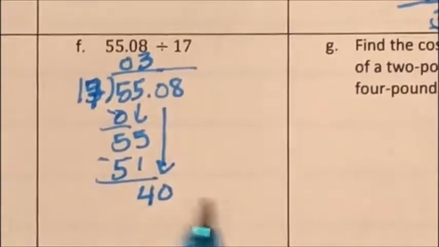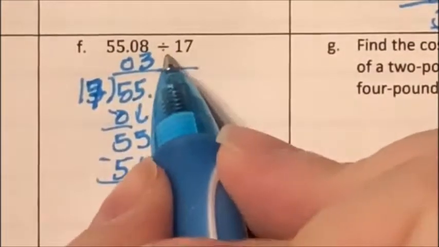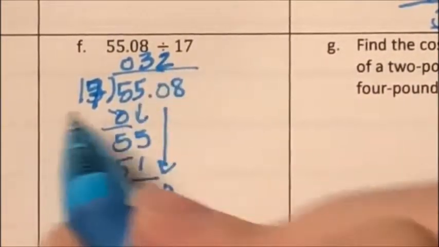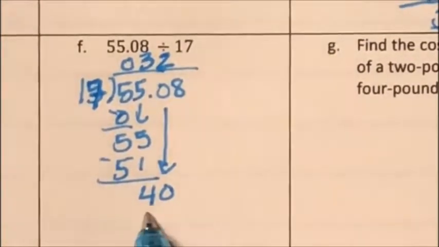I bring down my 0. 17 goes into 40 2 times. 2 times 17 gives me 34.